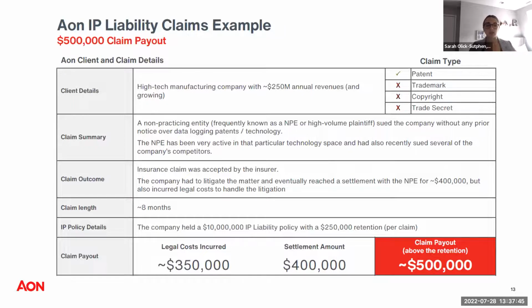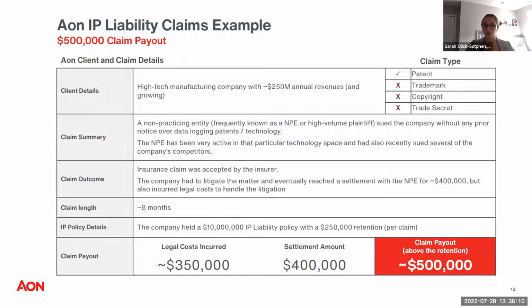And ultimately, what we were able to do over the long process of about 8 months, going back and forth in negotiations between the company and the NPE, and also keeping the insurers in the loop, was they were able to lean on their IP liability policy that they had placed years prior and just kept renewing.